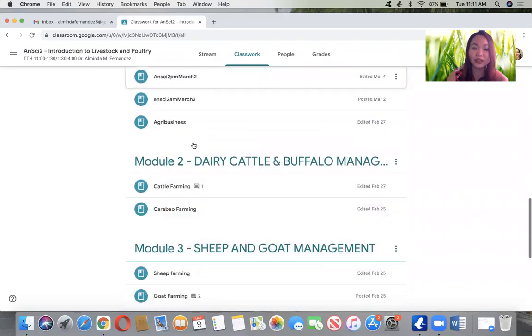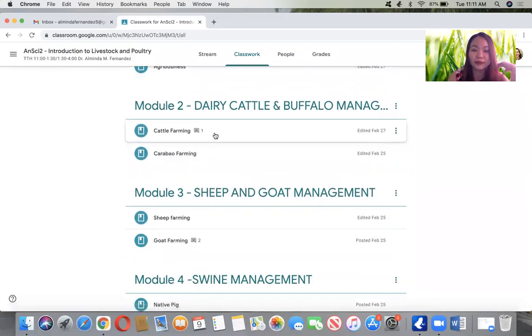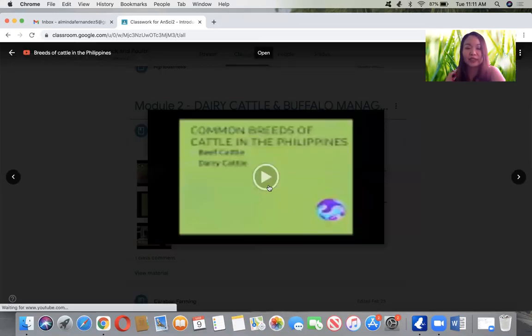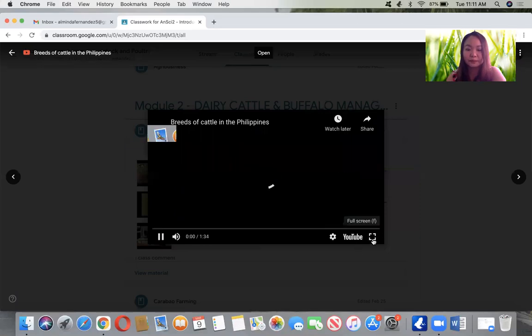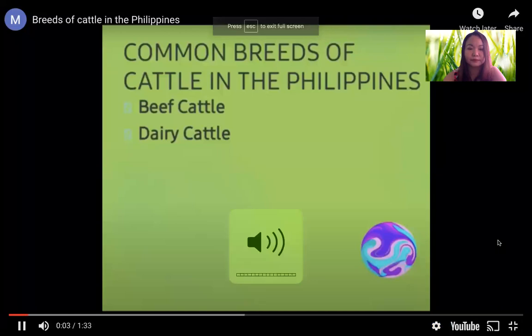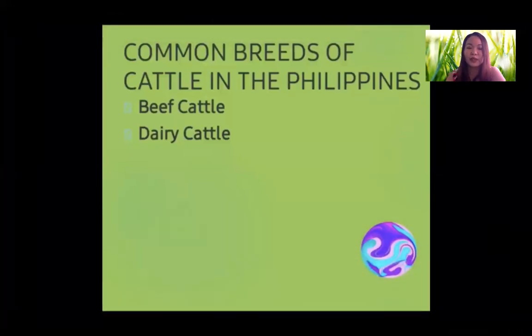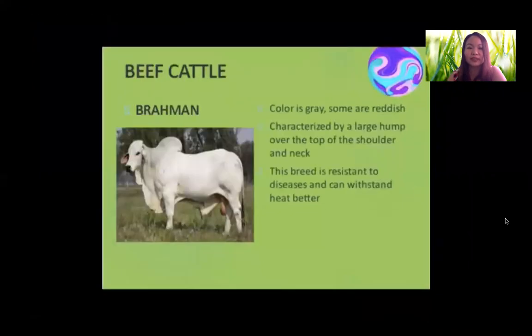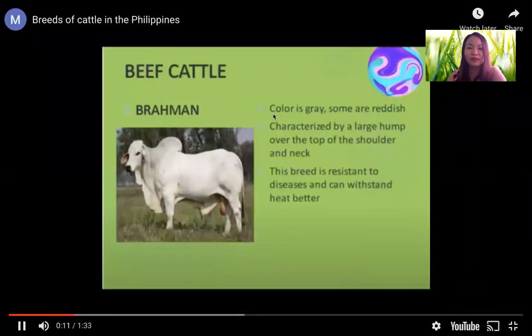So you can see that on the cattle farming, no? Breeds of cattle in the Philippines. So let's watch this. So the common breeds of the Philippines, we have beef: the Brahman, which is gray, with a large hump over the top of the shoulder and neck.